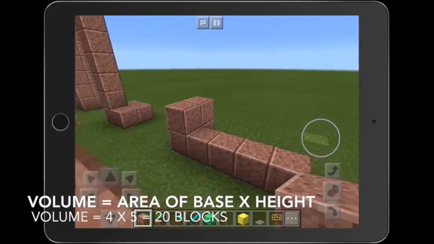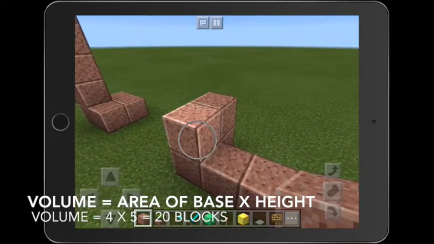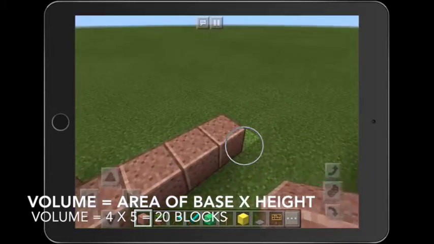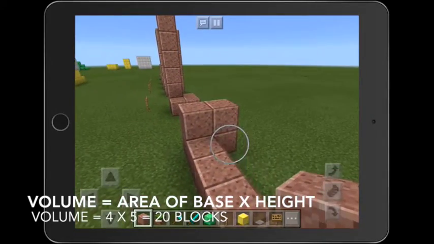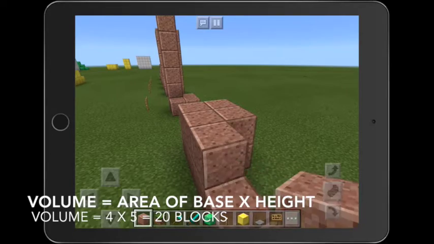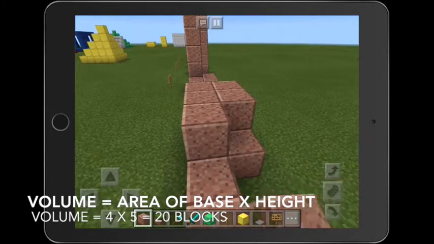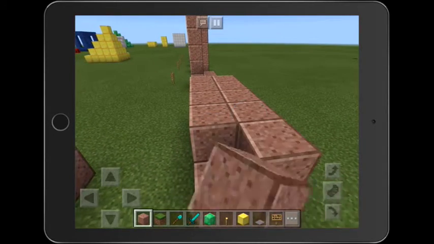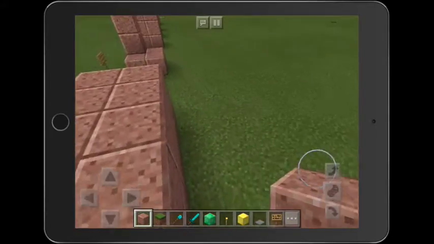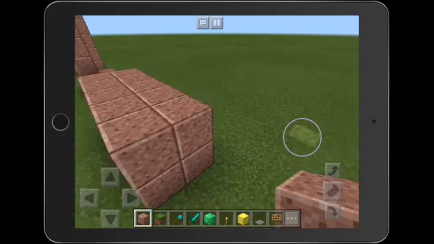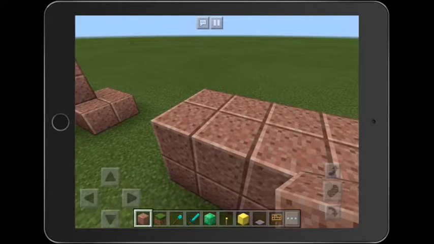And I would know that the area of the base being 4, times the 5, I would need 20 blocks to make this shape. So 4, 8, 12, 16, whoops, skip the bottom there, and 20. So notice that the direction does not necessarily matter.